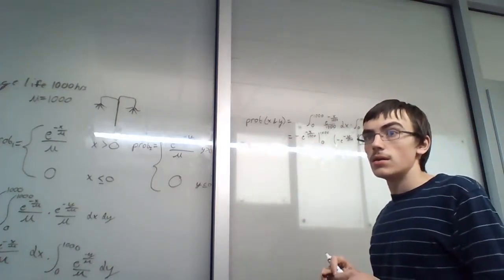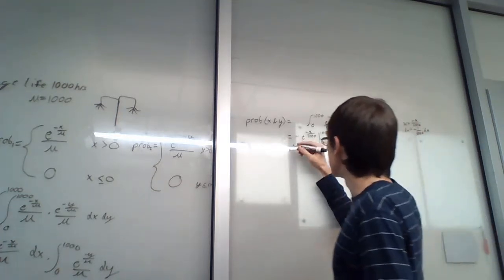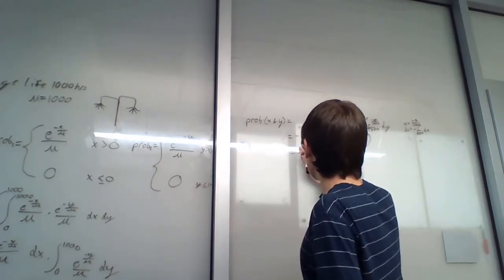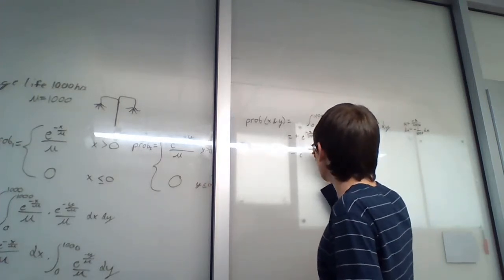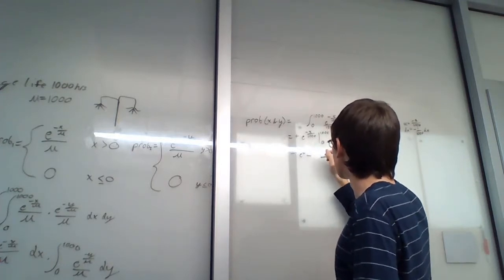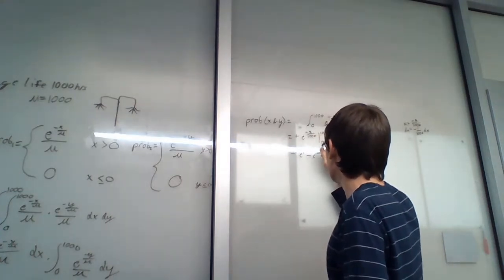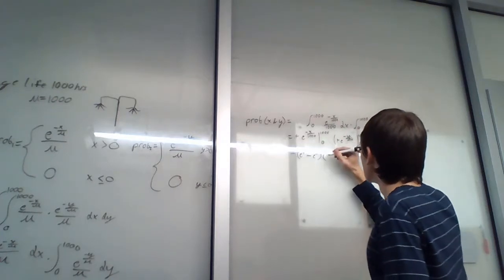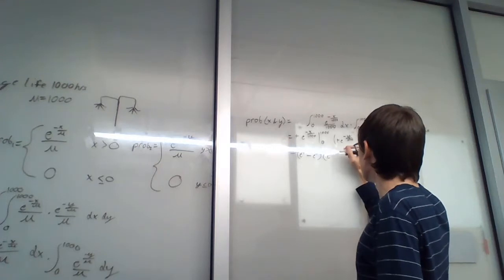So this gives negative, well, the negatives cancel here, so this negative cancels with this one. So this gives e to the 1 minus e to the 0 times e to the negative 1 minus e to the 0.